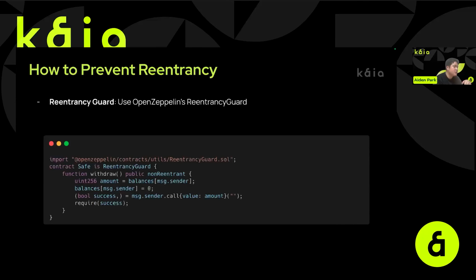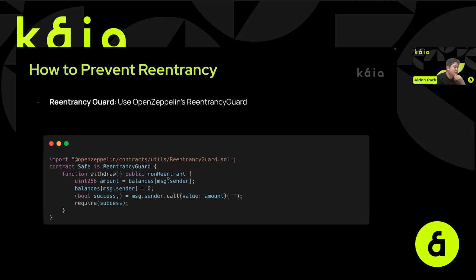Actually, in most cases, we prefer to use a reentrancy guard. You can implement it by yourself, but usually we use external libraries like OpenZeppelin or Solmate. You can inherit this ReentrancyGuard contract, and then set the modifier on the withdraw function.